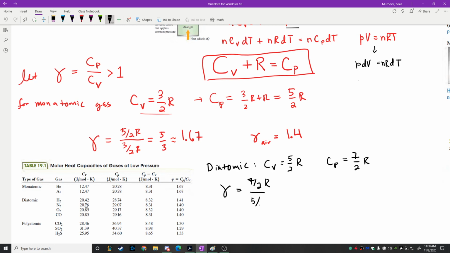R's cancel. You get 7 over 5, and 7/5 would be 1 plus 2 over 5, which is exactly 1.4.